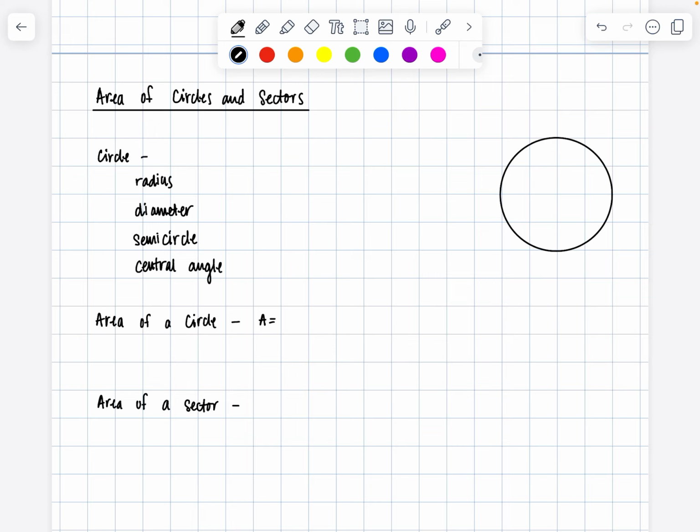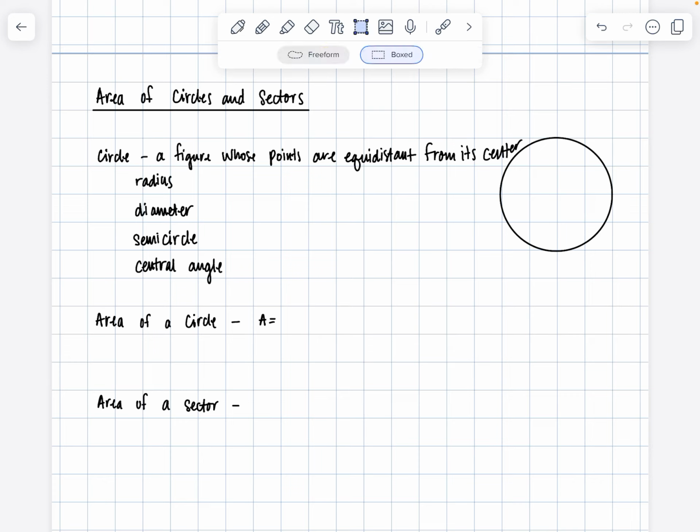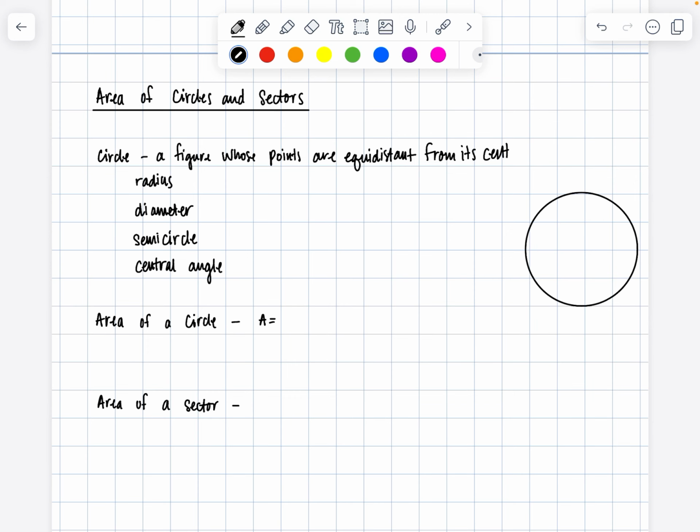A circle is a figure whose points are equidistant from its center.